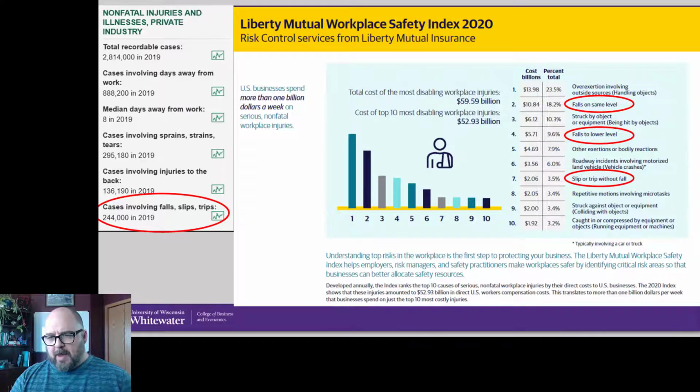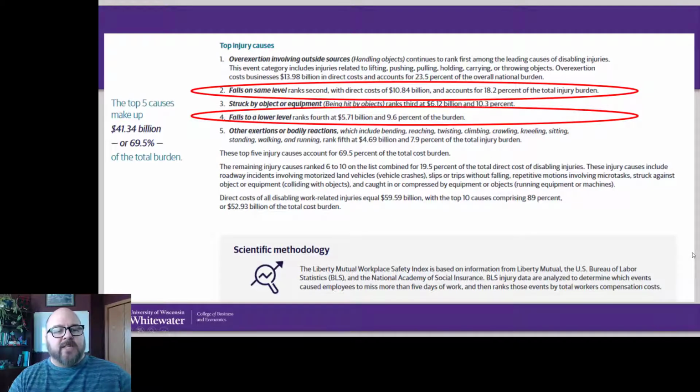If I do the math in my head real quick, 18 and 9 is 27.8, 27.8 and 3, about 31.3, I think. So about 31.3% of the total amount is due to fall-related injury. And then here, 2 of the top 5 are fall related, which I believe would make it, from a compensability perspective, just about as costly as overexertion, though they're not as frequent.